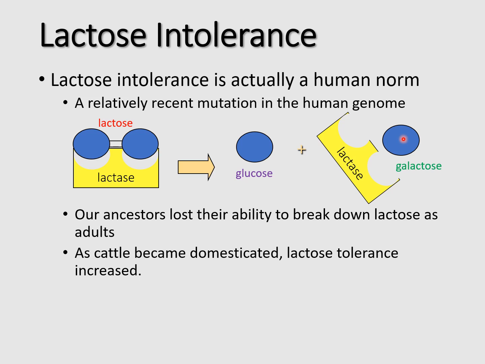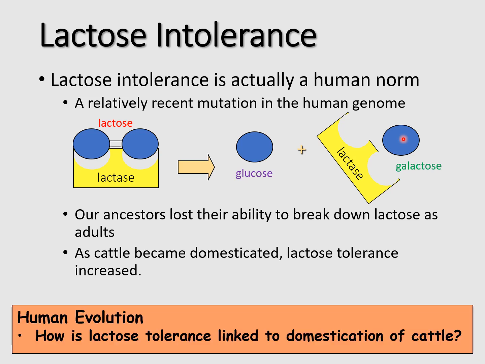So essentially our ancestors should have lost the ability to break down lactose. But as cattle became domesticated, lactose tolerance in people increased. So again, it's that natural selection, right? It became an advantage if you were lactose tolerant.